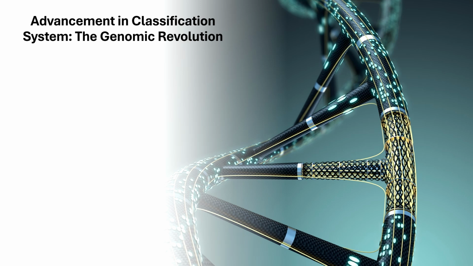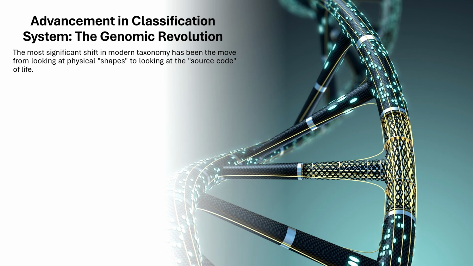So for centuries, we were like detectives trying to solve a mystery by only looking at the outside of a building. But with the genomic revolution, we finally got the keys to the front door. We moved from looking at physical shapes to reading the actual source code of life.